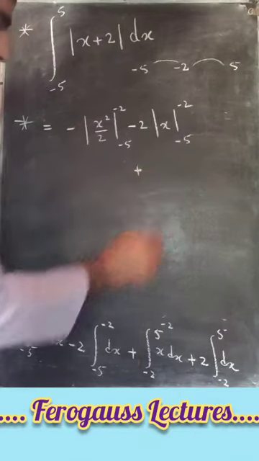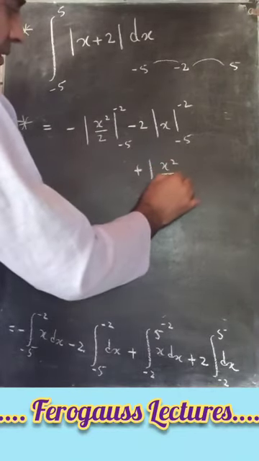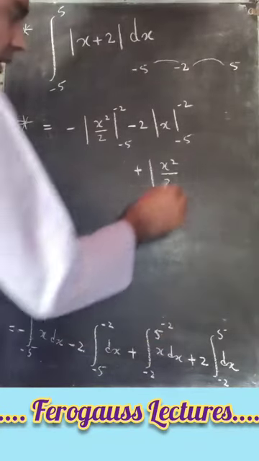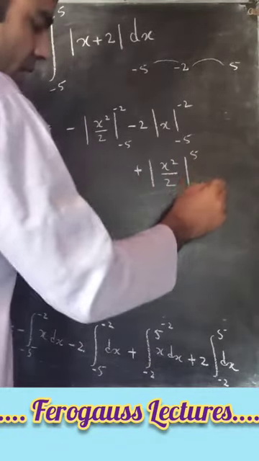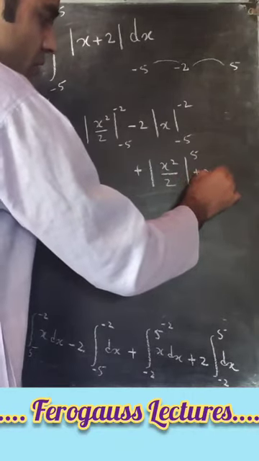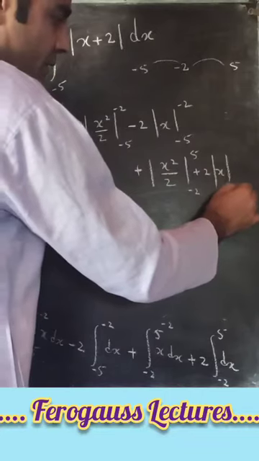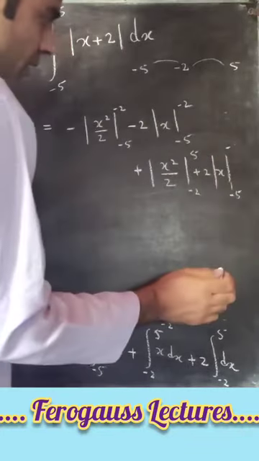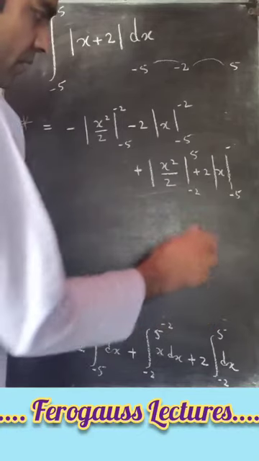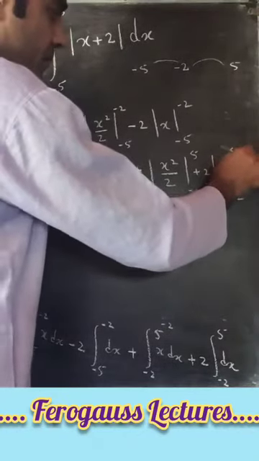Then plus again integration of x is x square divided by 2 with limits from -2 to 5, then plus 2 is constant, integration of dx is x with limits from -2 to 5.